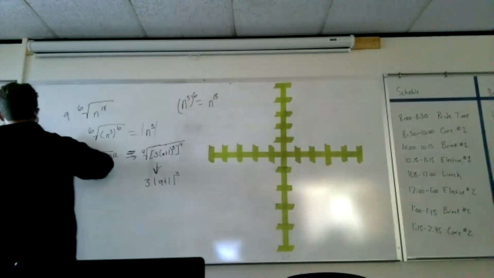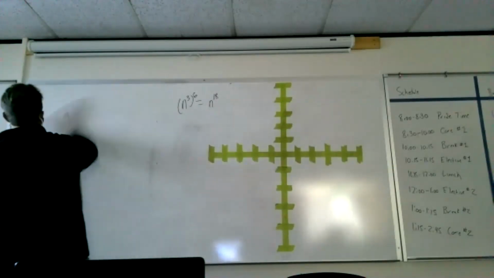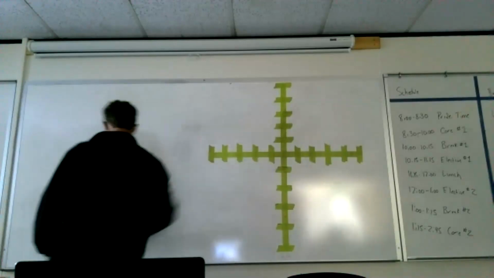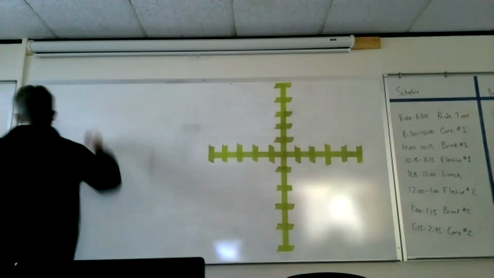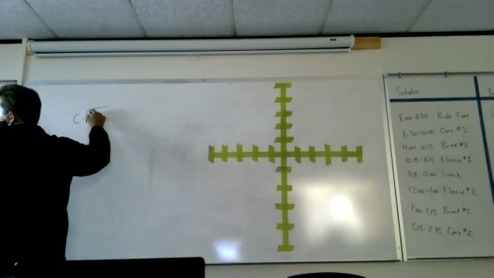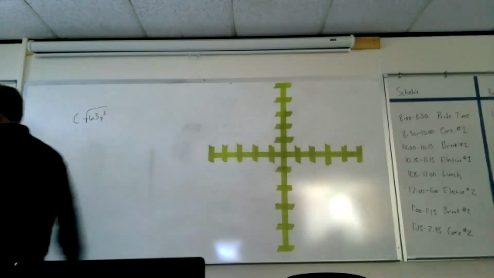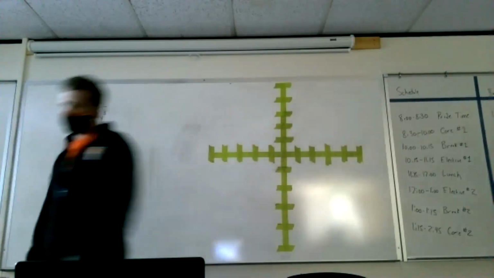And that brings us to C, where we were given the square root of 63y cubed.